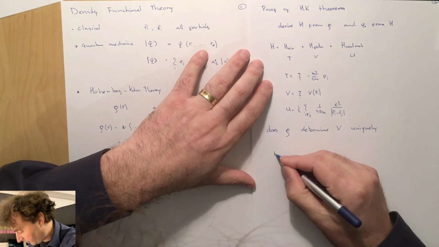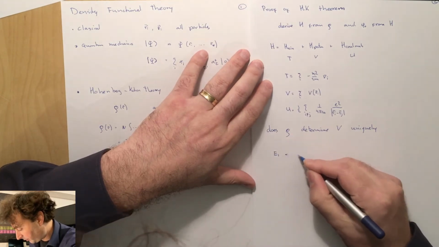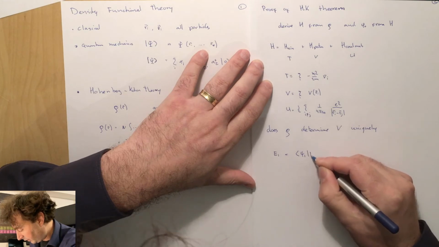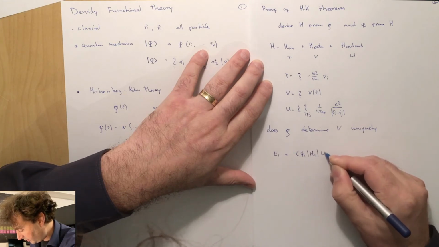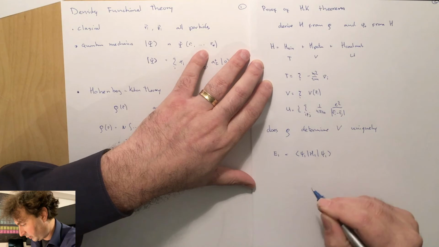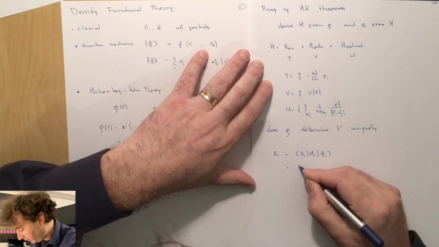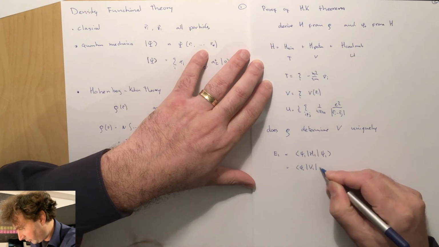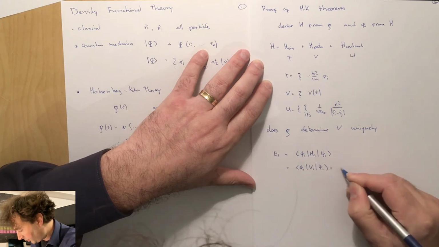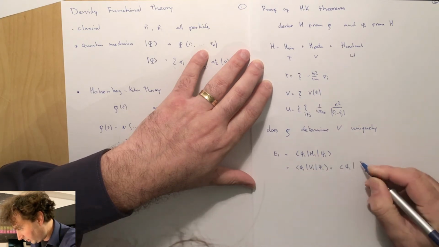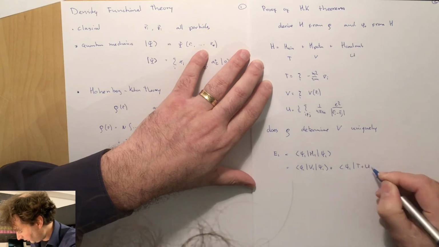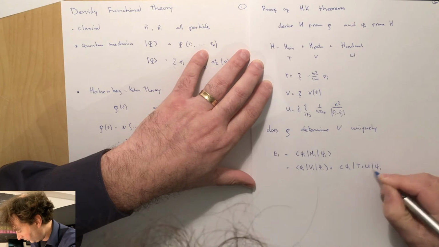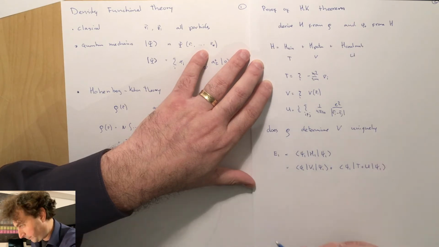So the first energy is E1, which is the energy of the ground state psi1 for Hamiltonian 1. And we can write this as the sum of the potential energy of potential V1 plus the kinetic and Coulomb energy.